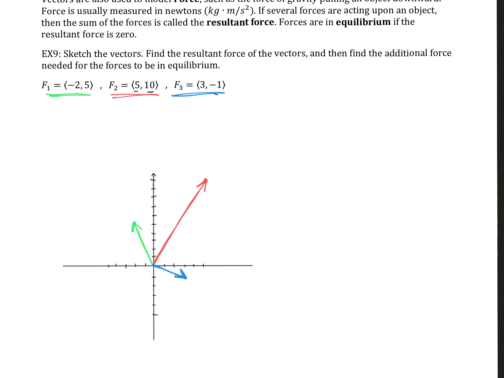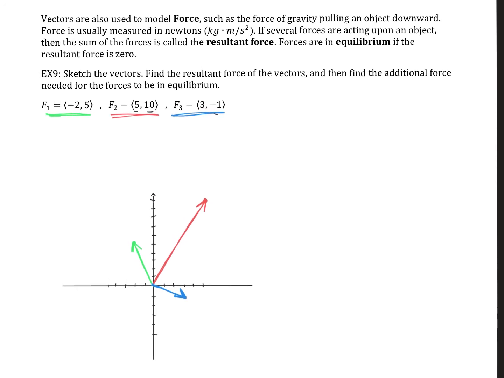Well, we need to find the resultant force. What is the resultant force? That is the sum of the forces, which we are told right on up here. And what is sum? Sum is addition. Okay, so the resultant force is going to equal F1 plus F2 plus F3.